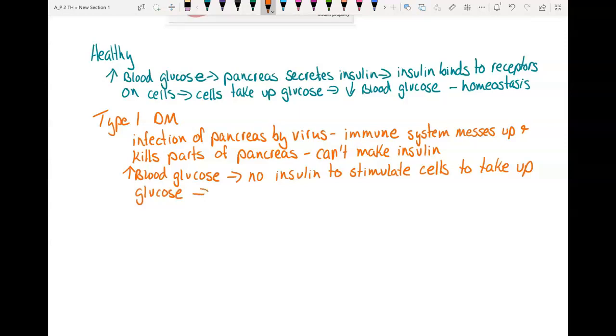So then you get very high blood glucose levels in the hundreds because it just builds up in the blood.